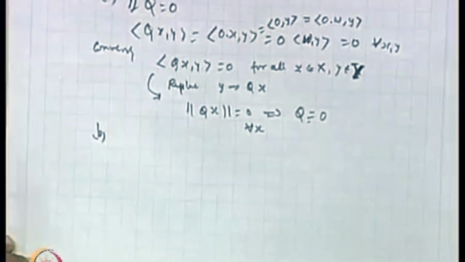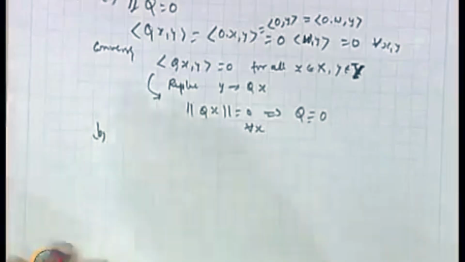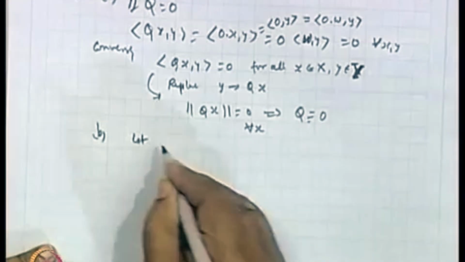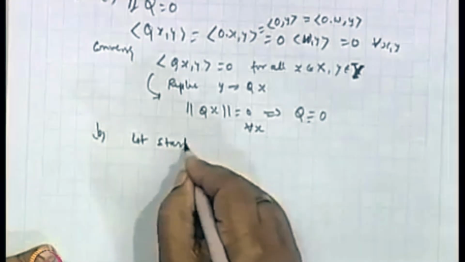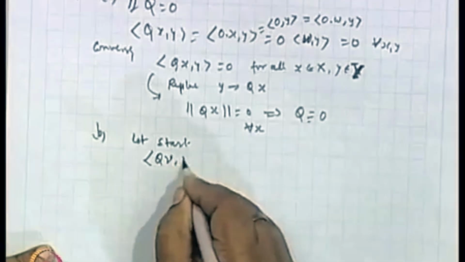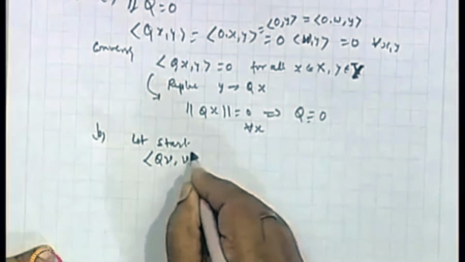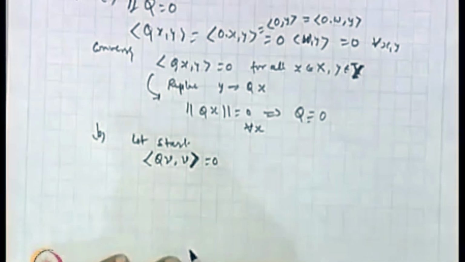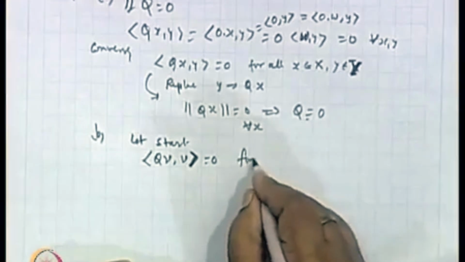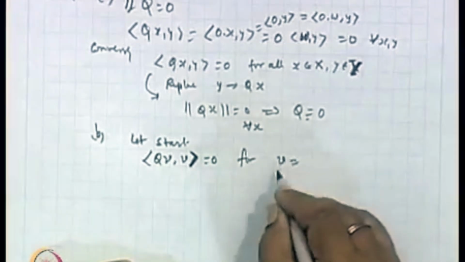Okay, so what we do is, let us assume ⟨Qv, v⟩ is 0 for all v. Let us start: the inner product ⟨Qv, v⟩ is 0. Take v equal to αx + y.